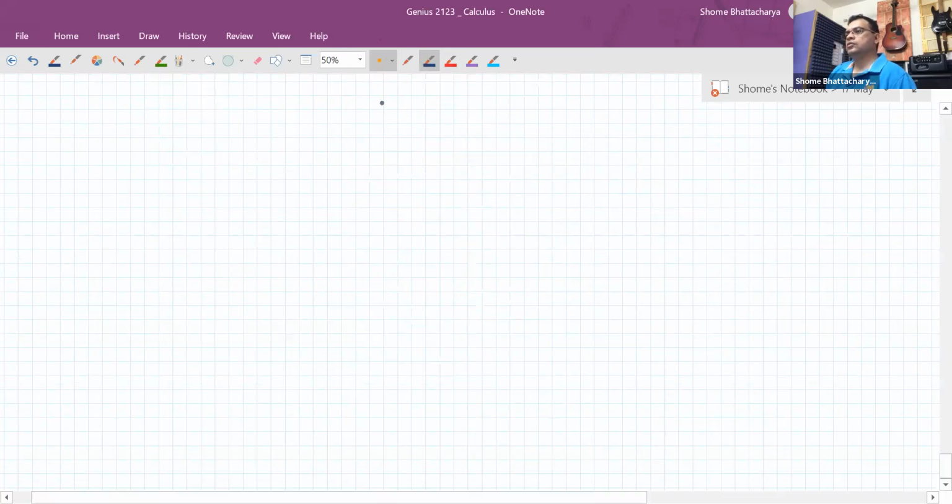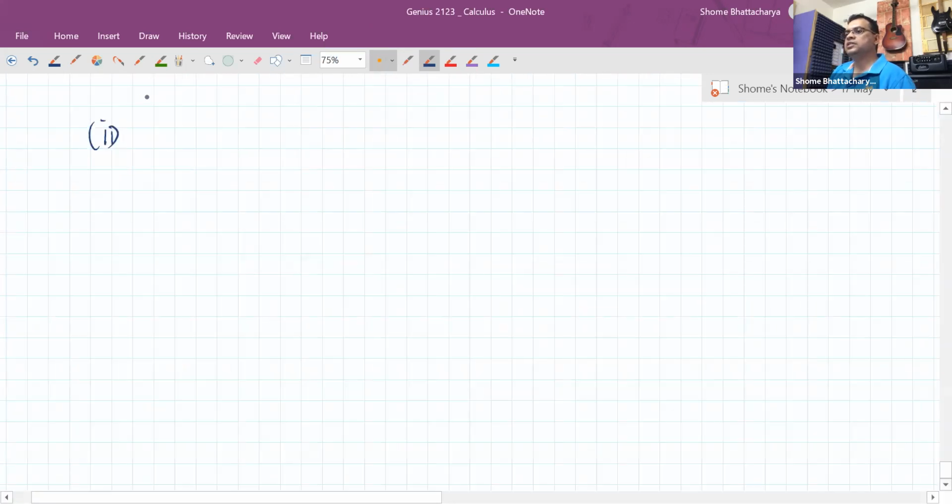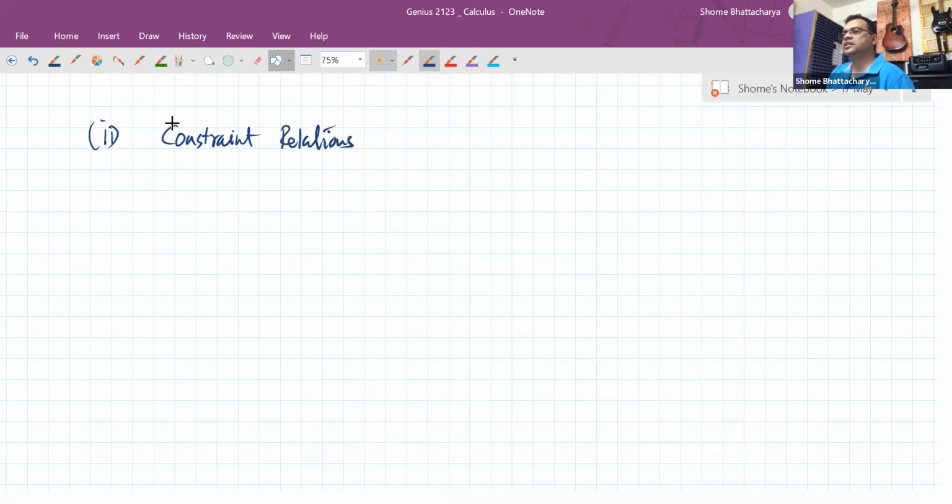Now, the second type of application question we will see, and this is the last thing we'll look at today, is when we are looking at what we call constraint relations. So what is a constraint? It is some kind of a foundation that a system has, or some kind of a limitation.